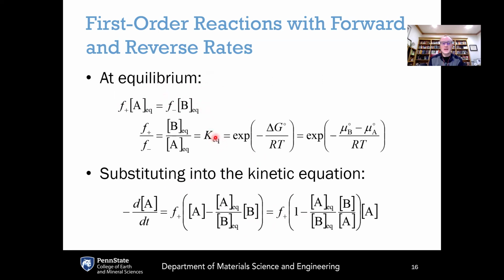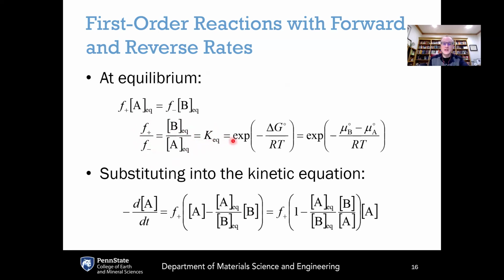The equilibrium constant, K_eq, by definition, is this ratio of the forward and reverse reaction rates, which is F plus over F minus. We can see by dividing both sides of this equation by F minus and by A equilibrium that this is equal to the equilibrium concentration of the product B divided by the equilibrium concentration of the reactant A. So the equilibrium constant can be expressed either as this ratio of the forward to reverse reaction rates, or equivalently as the ratio of the equilibrium concentration of the products divided by the equilibrium concentration of reactants.